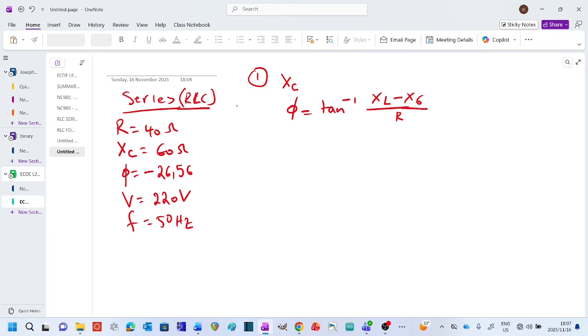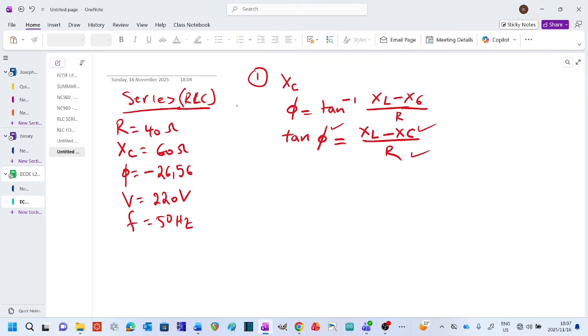So if we can rewrite this, we can write tan of angle equals XL minus XC over R. This is possible because we have the angle, we have XC, and we have R. So the only unknown that we have there is XL.